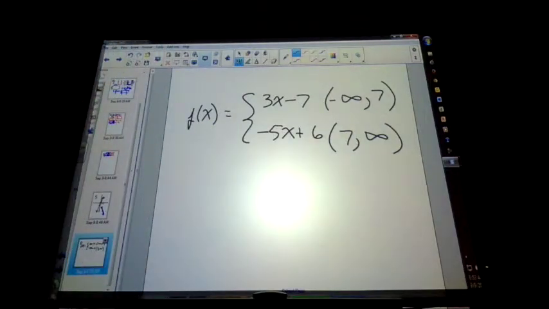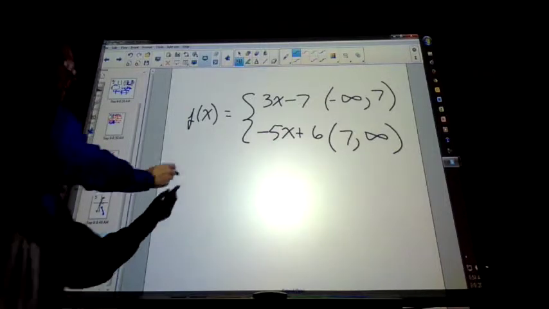Okay, so they might give you a problem that looks like this, where you have one line that's 3x minus 7, which is restricted. You have one line that is negative 5x plus 6, which is also restricted. And I might give you this.